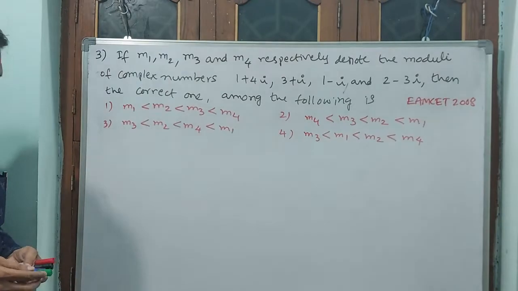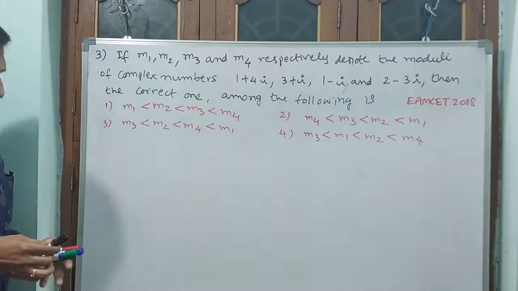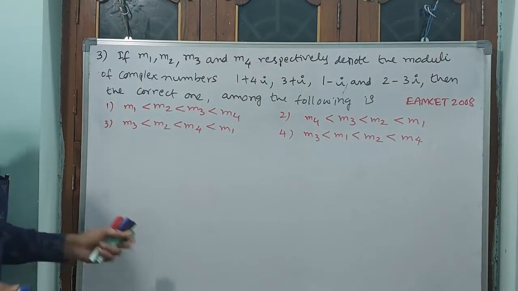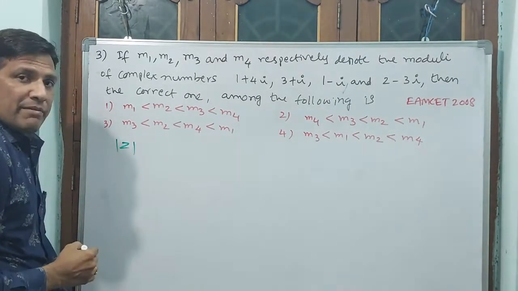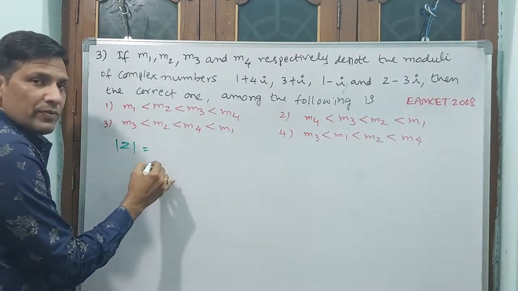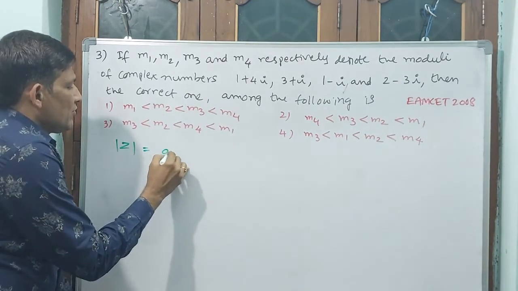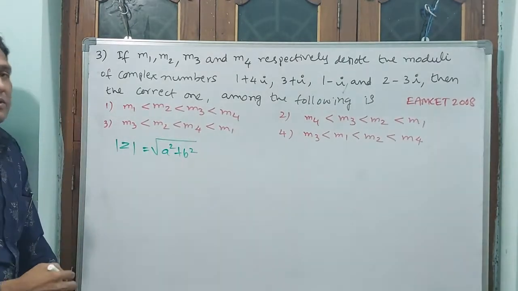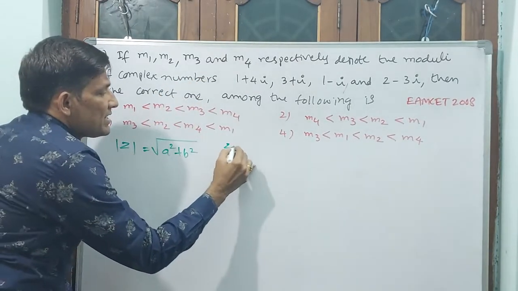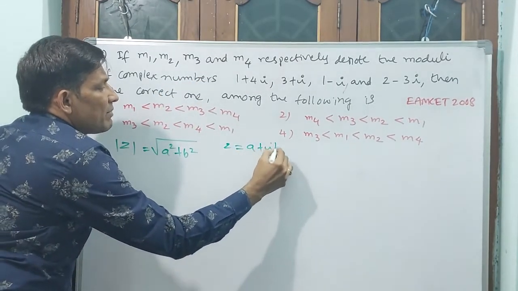Let us find the first modulus. The modulus formula we know very well. What is the formula of modulus? This one: modulus of any number z is equal to under root of a square plus b square, if z is a plus ib.